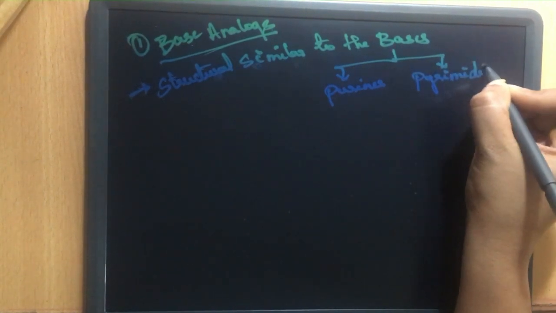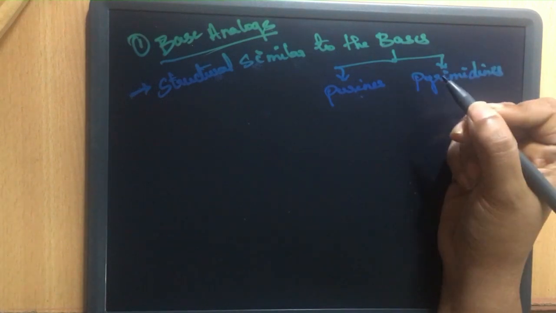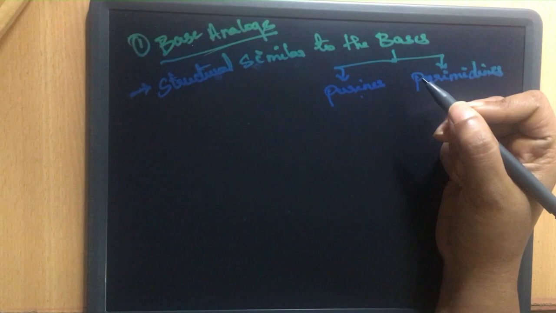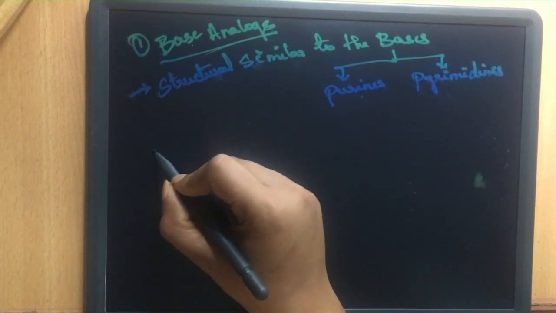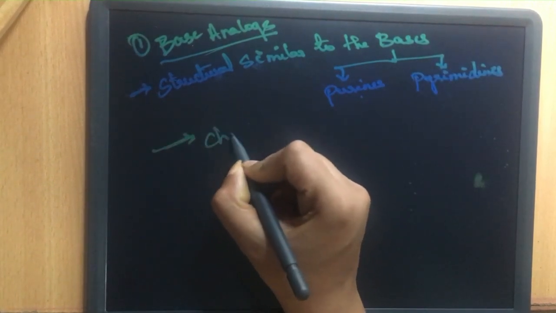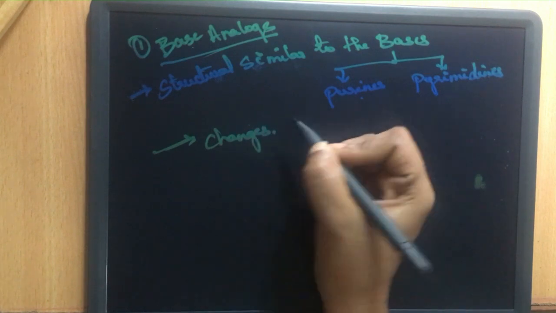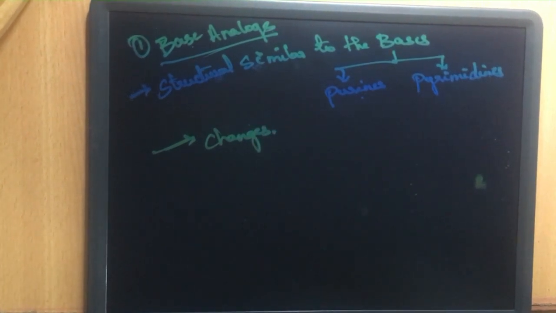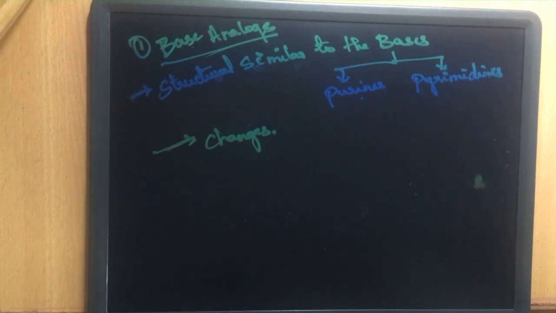What are these purines and pyrimidines? They are nothing but the nitrogenous bases. We know that, right? Now, what changes do these base analogues bring? The base analogues actually participate in the DNA replication process. They take up the place of their analogues.